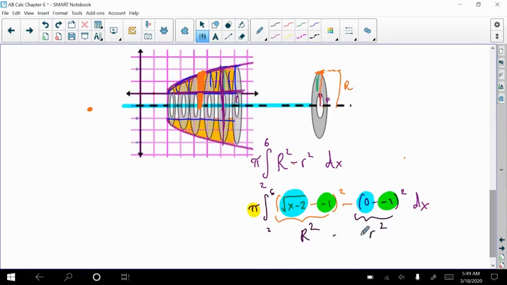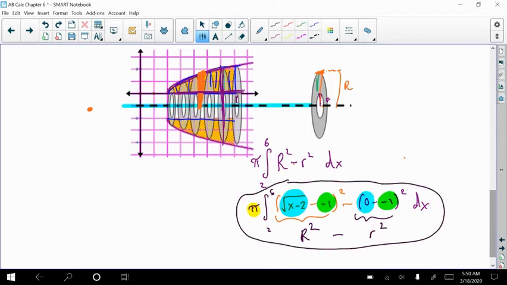So big R squared minus little r squared. So we're going to do a couple of examples. Again, just setting that up. Once we get it, I don't care about the integral at this point. I just want the setup. You can leave it as unsimplified and as raw as this, but I also think that tells you a lot about what's happening within this particular revolution.